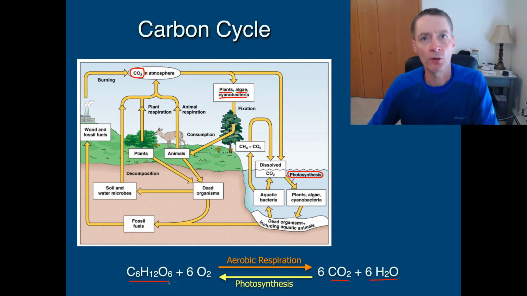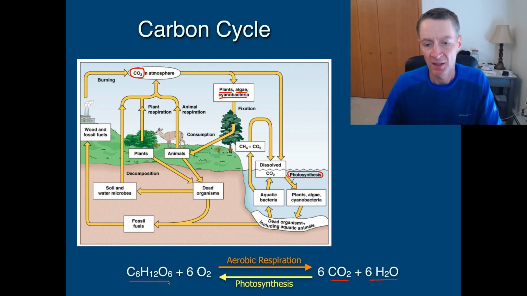So it's basically turning aerobic respiration on its head, right? And we're going to be able to take carbon and fix it into a more complex molecule like sugar, like glucose, okay?